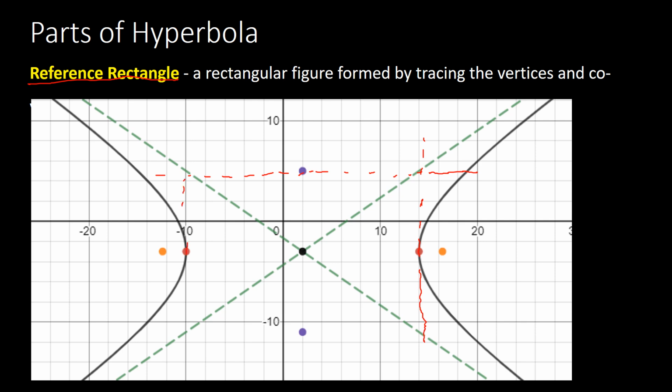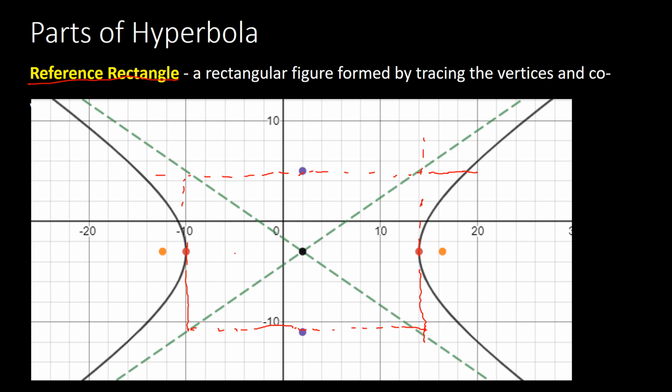This would guide us to our asymptotes, to where our graph is drawn.